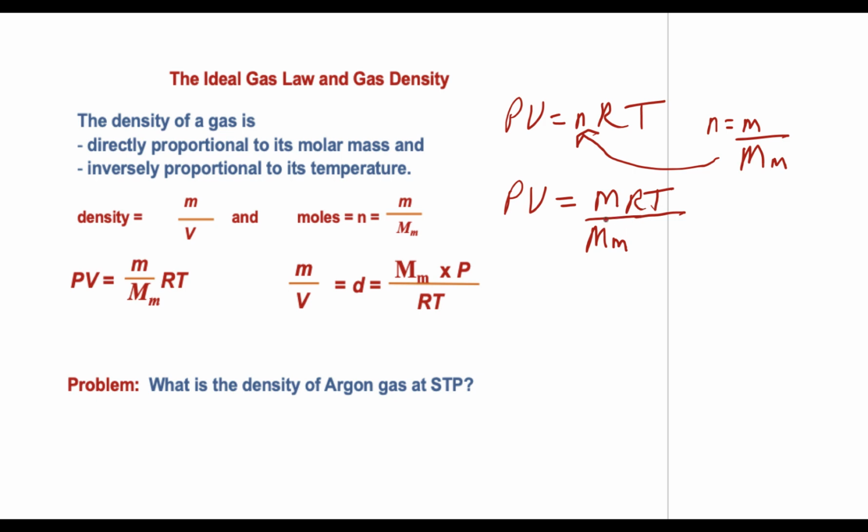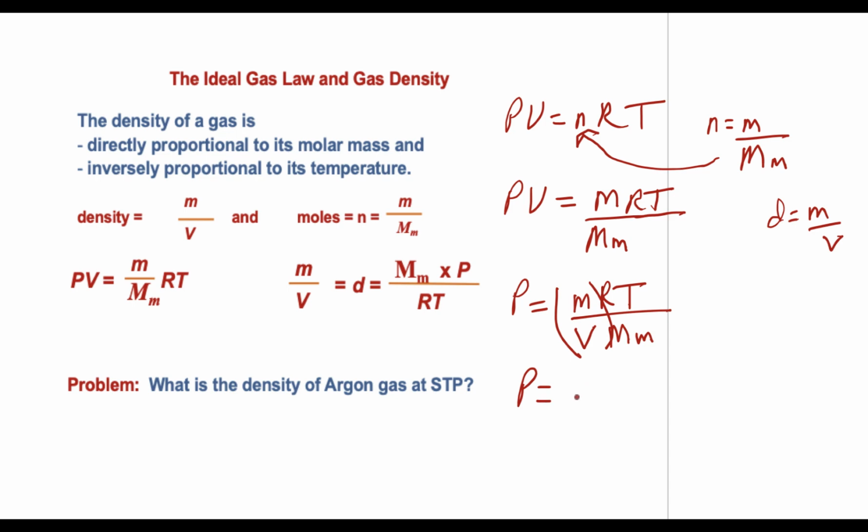So what we remember, density is mass over volume. So I'm going to bring the volume over here. So pressure is going to be equal to the mass times R times T divided by the volume times the molar mass. So here, this is density.